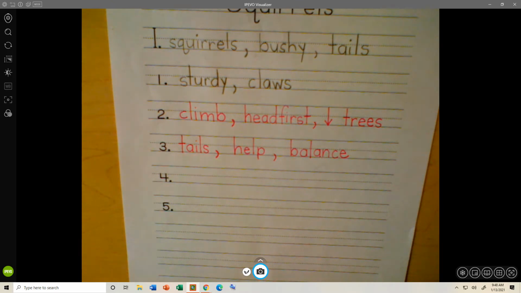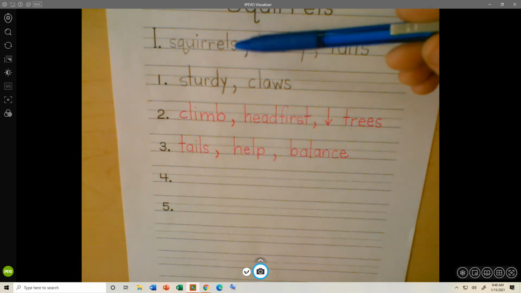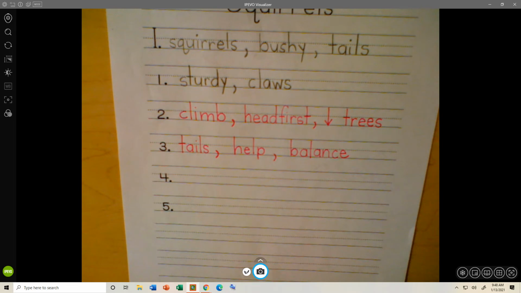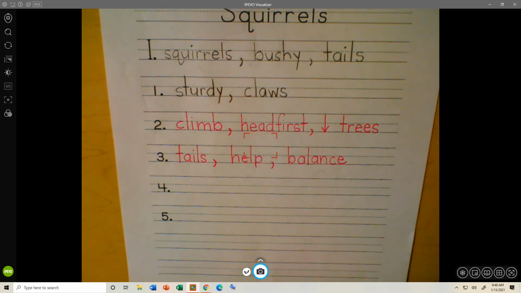Well, you just told me the words from our outline, but I want you to tell us what the paragraph says, because I've never read it. Miss Bertram doesn't know what it says. So, for example, using my first line: squirrels have big bushy tails. So we're putting words in there that make our paragraph.